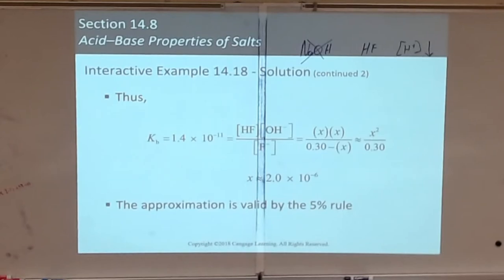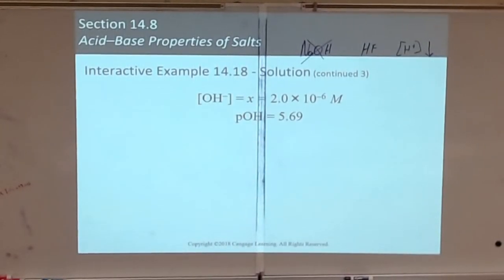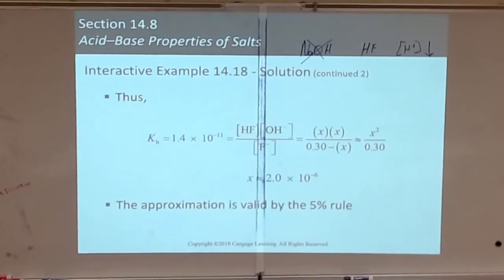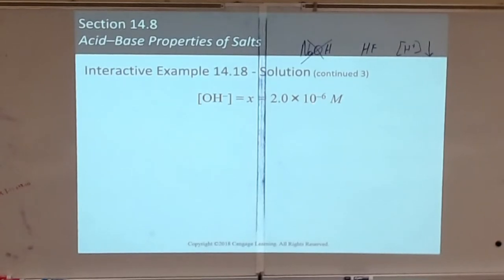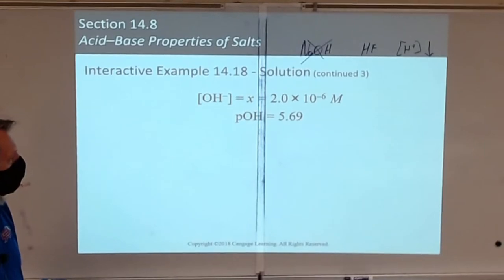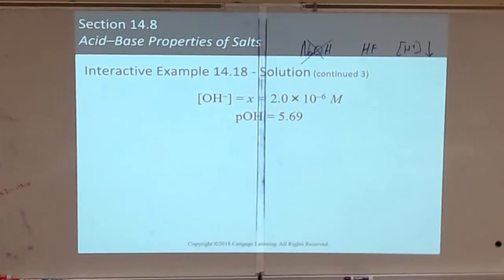Is this what your calculator said? All right. So if that's 2.0 times 10 to the minus 6th, that is the same in this case when I'm doing any multiplying. So my pOH is 5.69, so my pH must be 8.31, right.